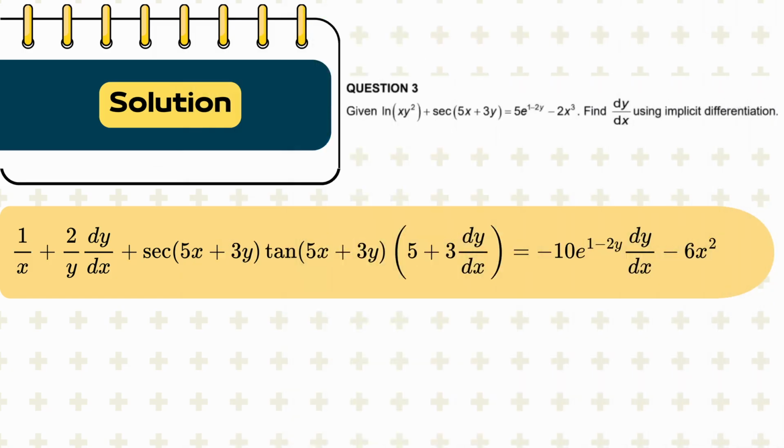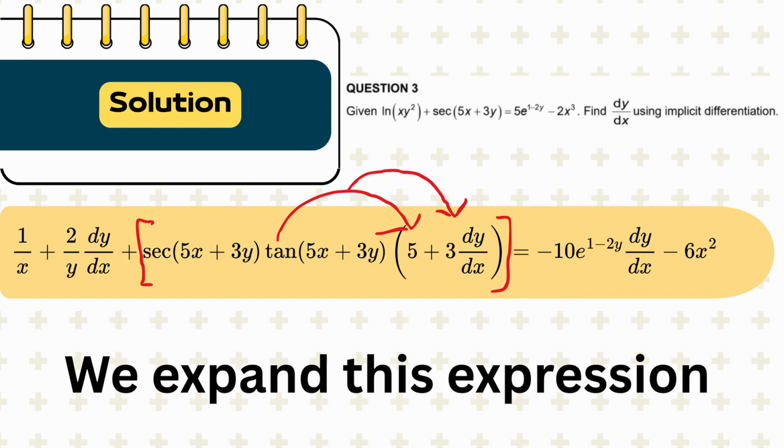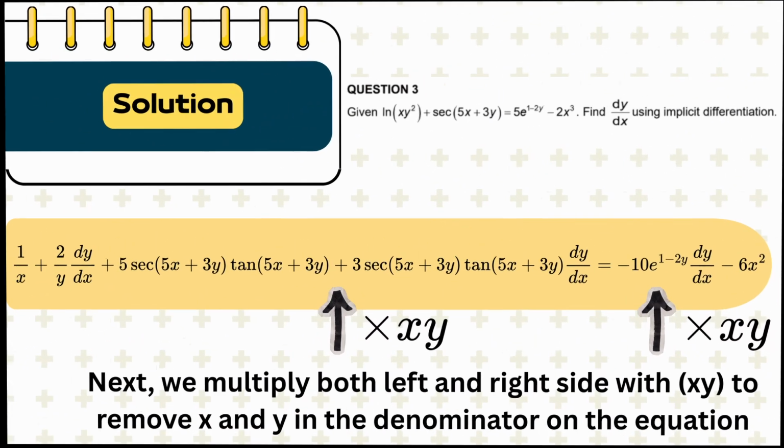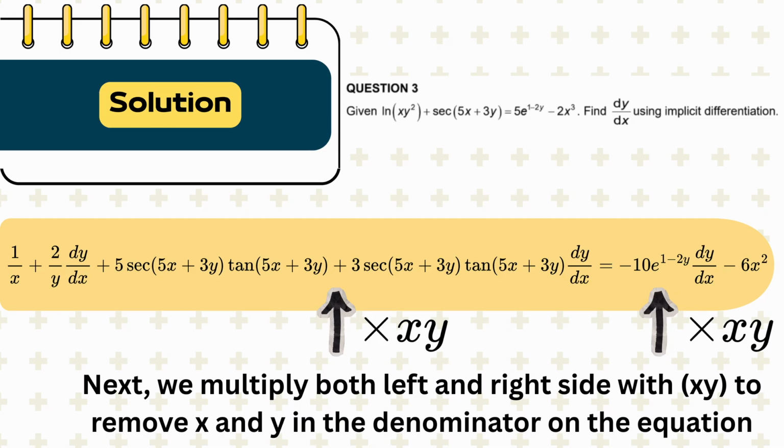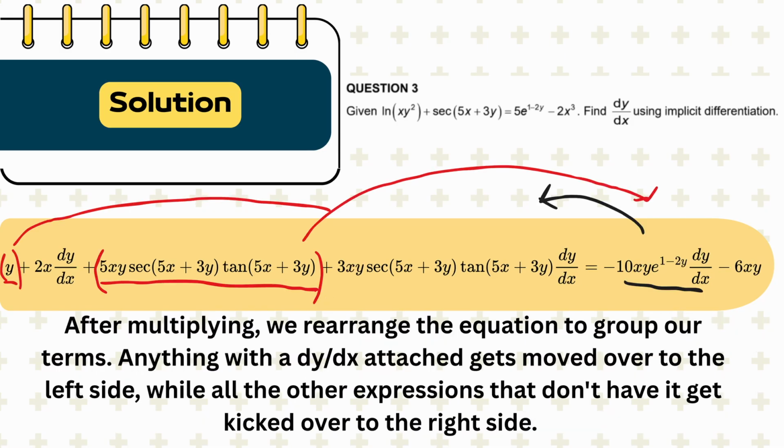Before we arrange the terms, we expand the expression completely to get rid of the parentheses. Now for the algebra cleanup, we multiply both left and right sides by xy to remove x and y from the denominators. After multiplying, we rearrange the equation so that any expression with dy/dx is on the left side, while expressions without it are on the right side.